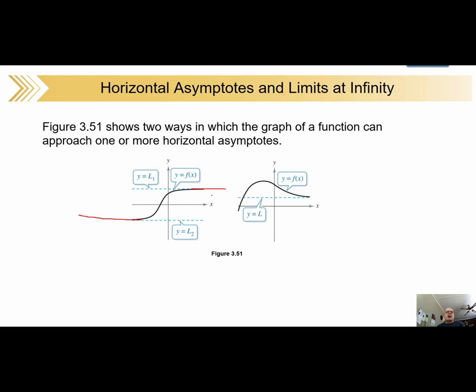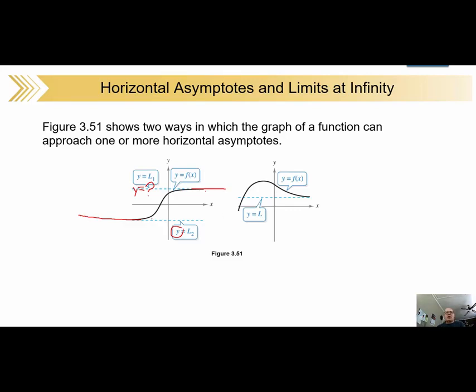Now remember, the vertical asymptotes were x equals. The horizontal asymptotes, these lines are going to be y equals something. Vertical asymptotes, x equals. Horizontal asymptotes, y equals.